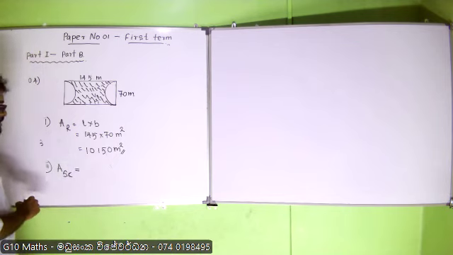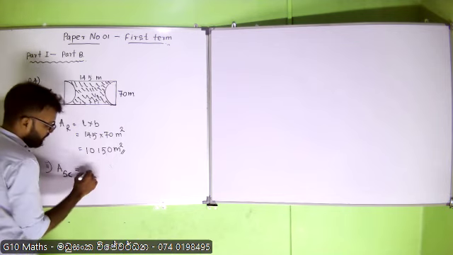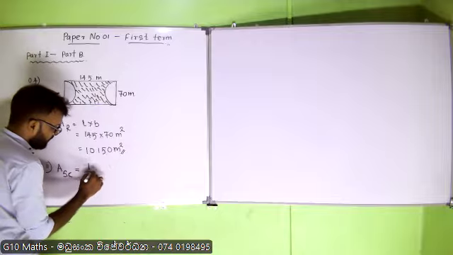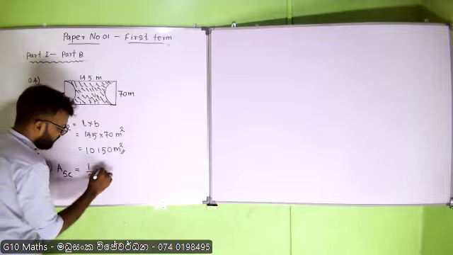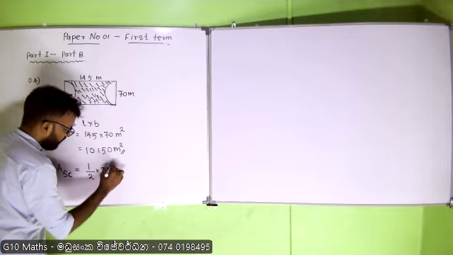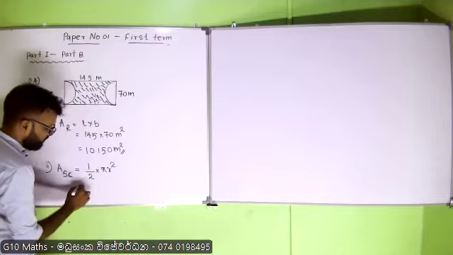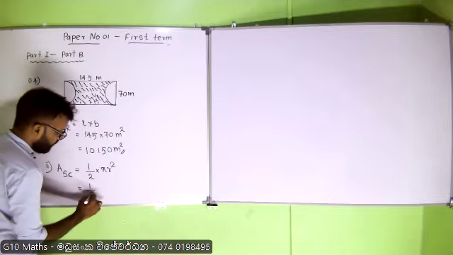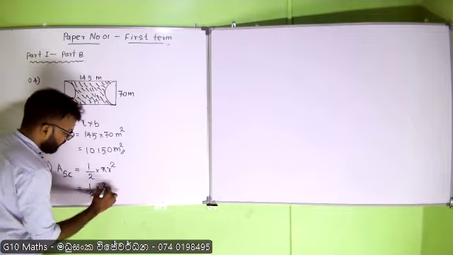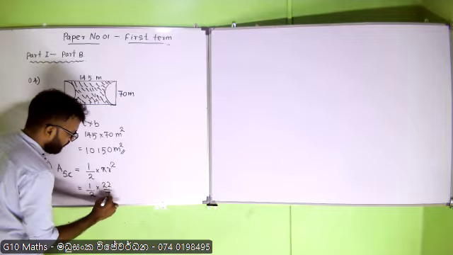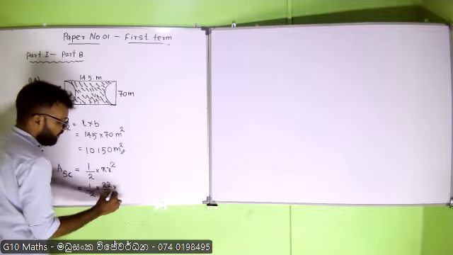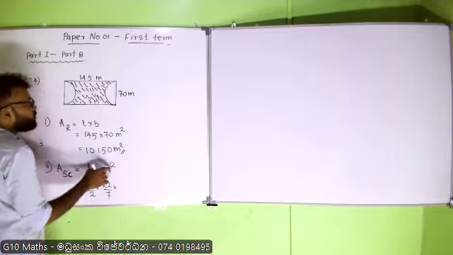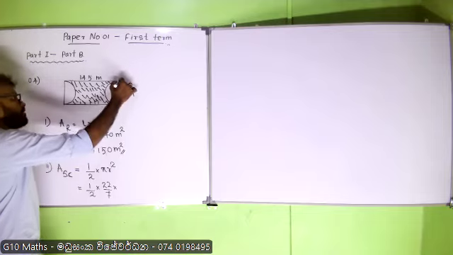Semicircular means half circle. Half multiplied by pi r square. Half multiplied by 22 upon 7 multiplied by r square.